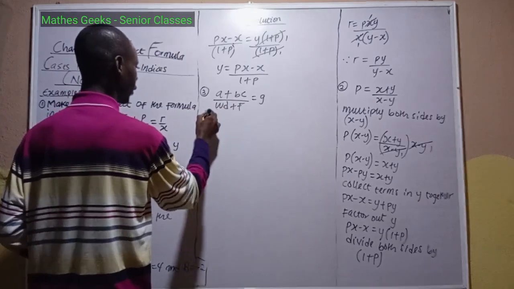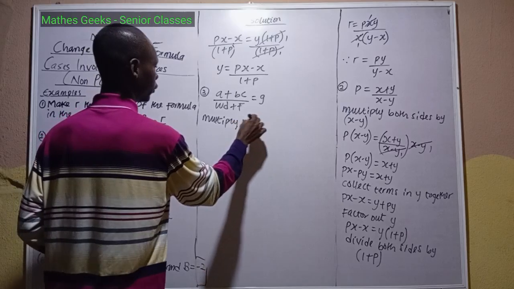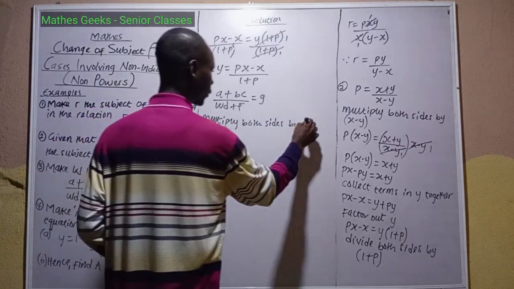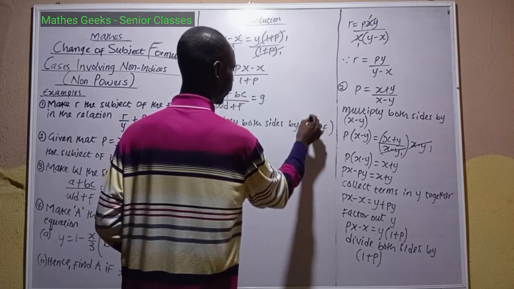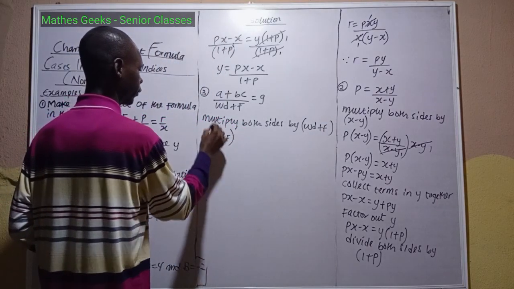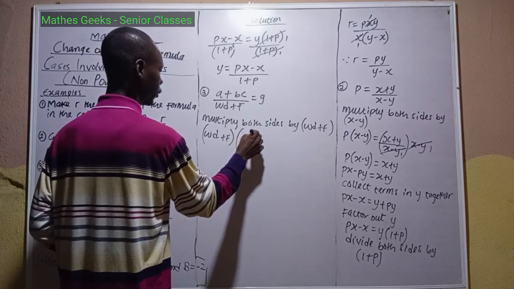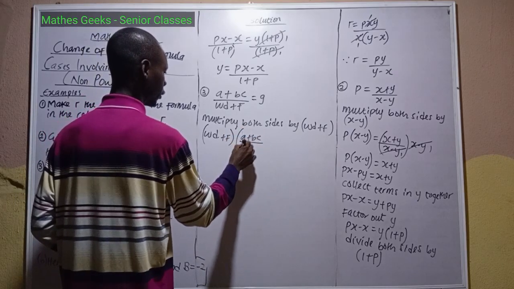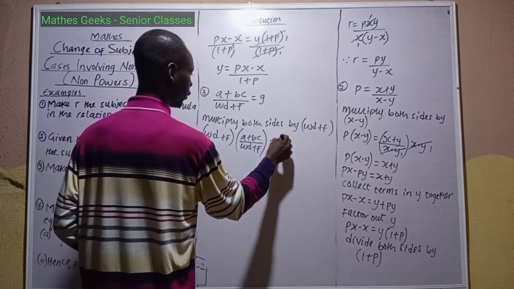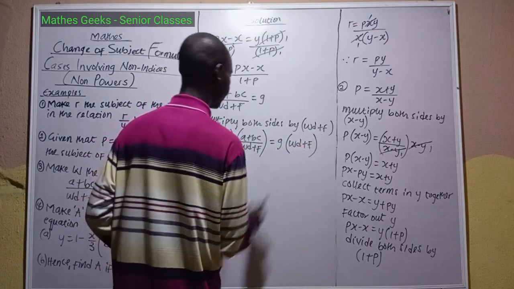So we're basically going to multiply both sides by wd plus f. So (wd plus f) multiplied by (a plus bc) over (wd plus f) is equal to g multiplied by (wd plus f).